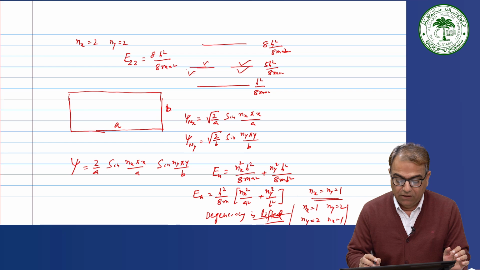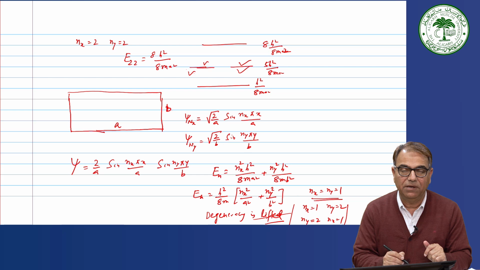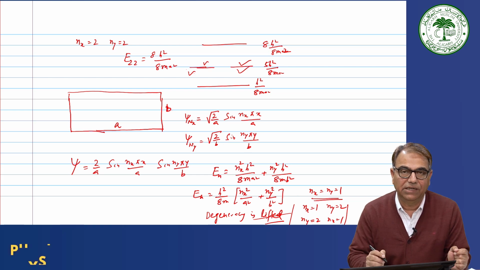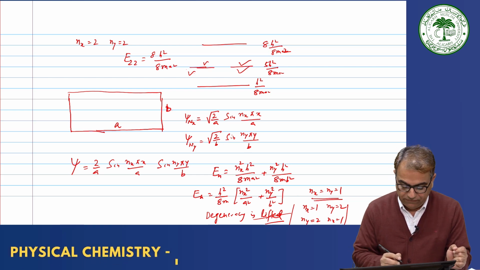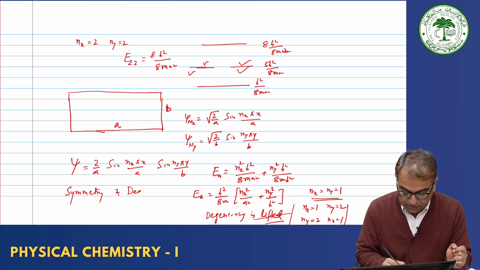So what does it mean? From a symmetrical system you went to an unsymmetrical system and the degeneracy is lifted. So we can say that symmetry and degeneracy are very closely related.